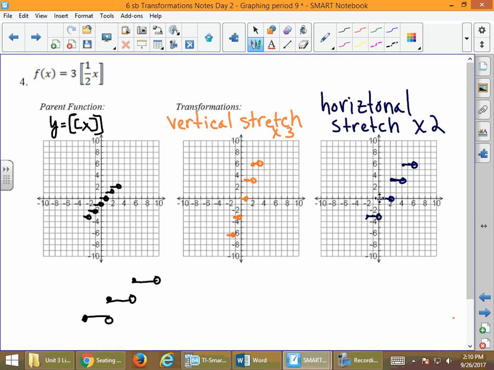They just need to be horizontally 2 spaces long. So we've got a step at -6, at -3, at 0, at 3, at 6. And there's our greatest integer, our step function, our floor function.